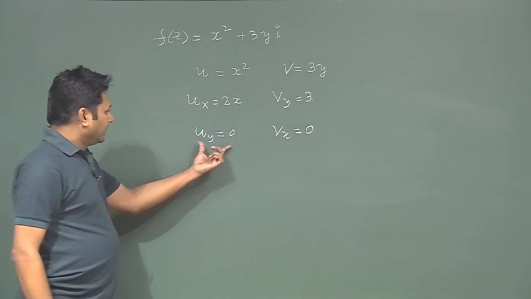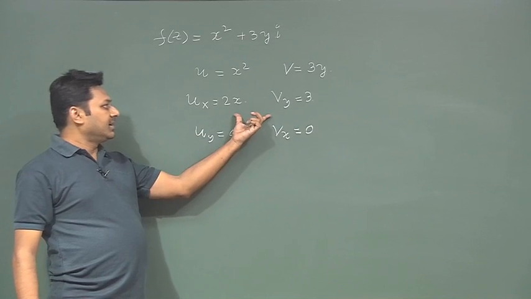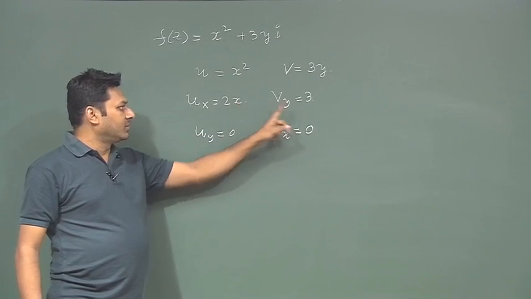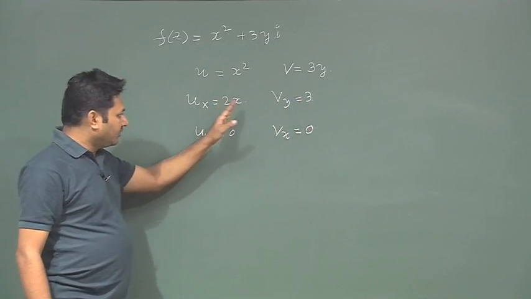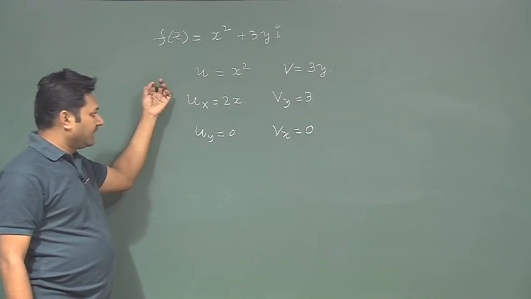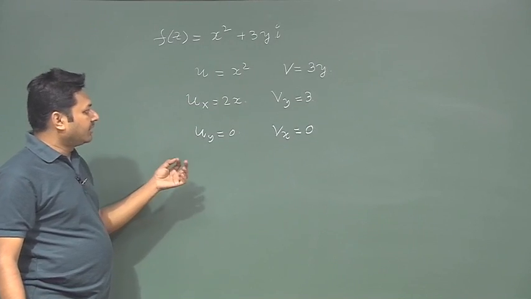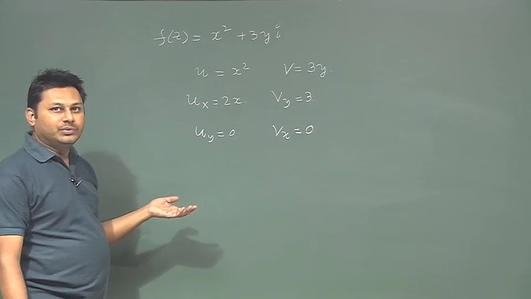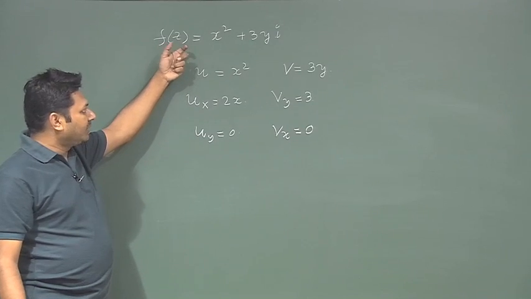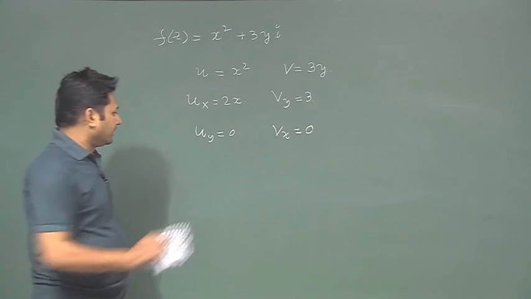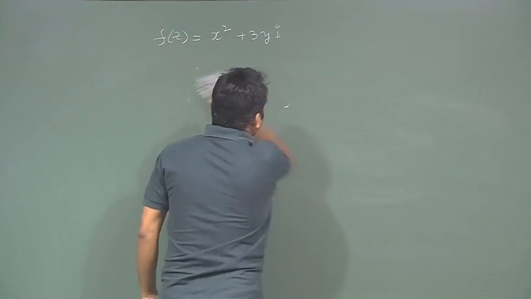So again this condition is satisfied, but this condition is not satisfied except at the critical value x equal to 3 by 2. So that means at a particular point maybe this function has some derivative, and if I want to find out whether this is true for other points except x equal to 3 by 2, we will find that it is not. So this function also is not an analytic function in general.